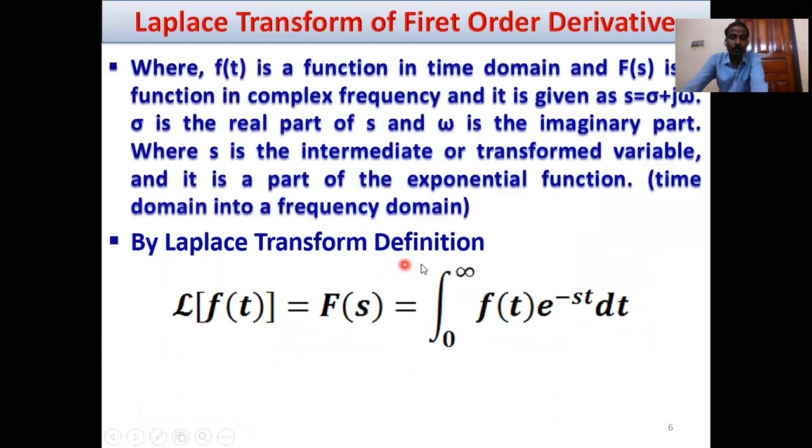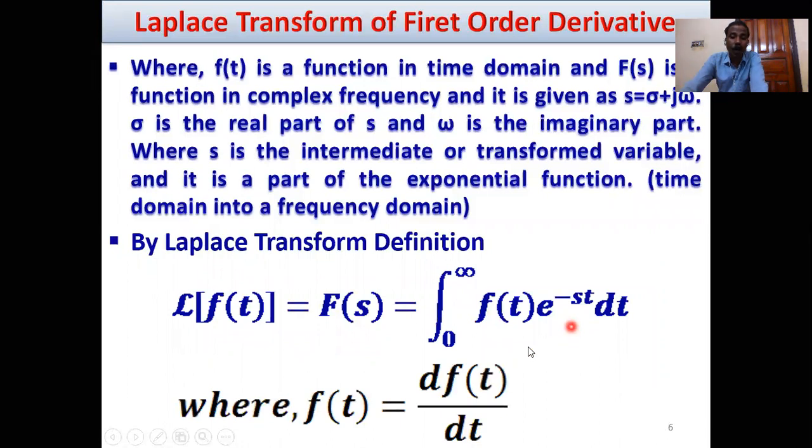By the Laplace transform definition, the Laplace transform of f(t) equals F(s), the integral from 0 to infinity of f(t) e to the power minus st dt, where f(t) equals df(t)/dt, because this is the first order differential equation or first order derivative.